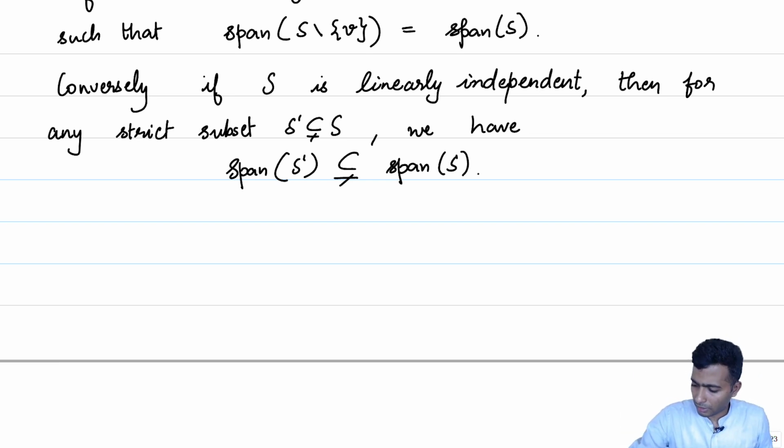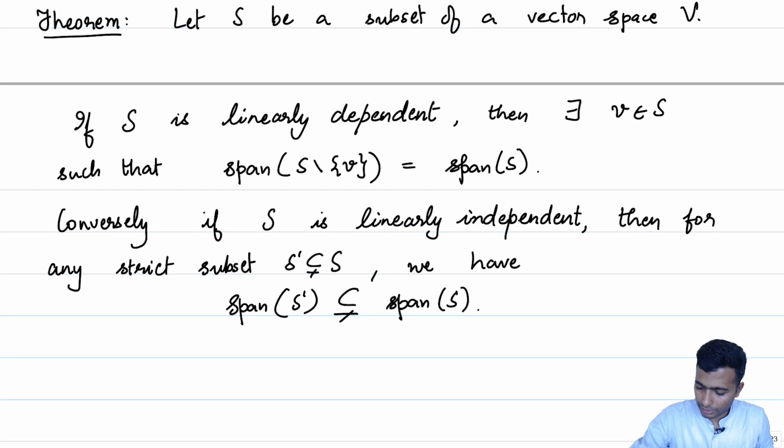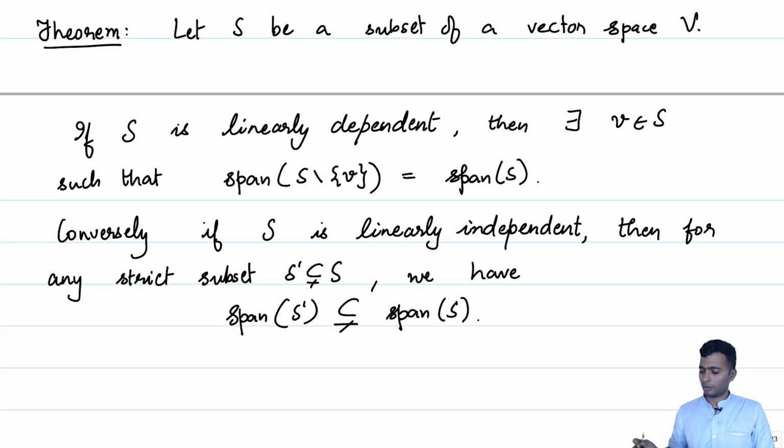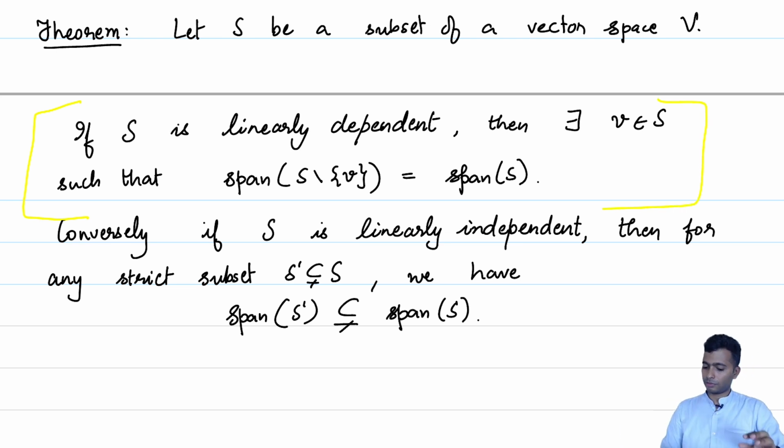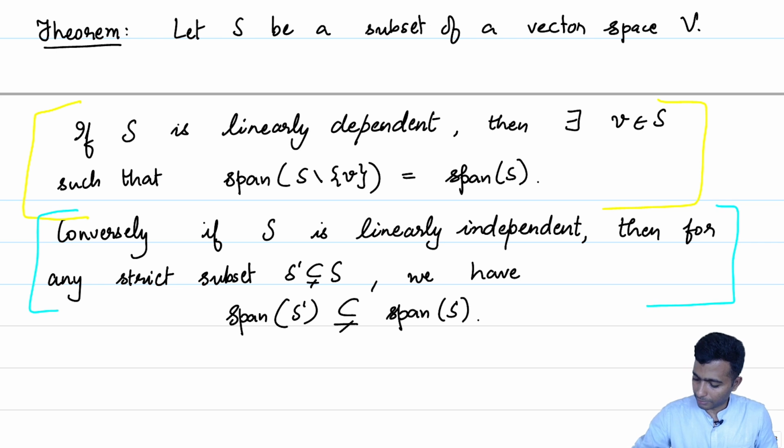Okay, let us maybe spend a couple of minutes trying to look at the theorem. There are two parts to this theorem. The one in yellow is one statement, and the one in blue, which is the converse, is the second statement.